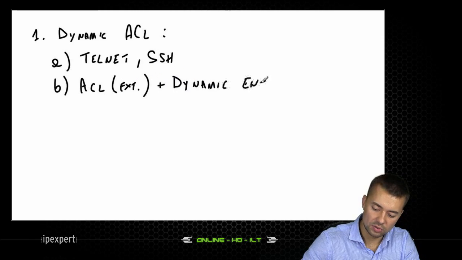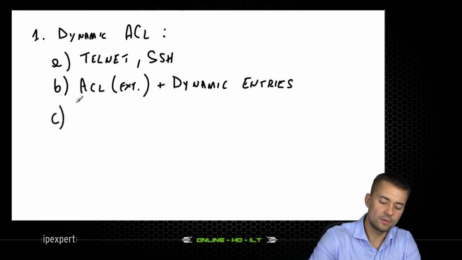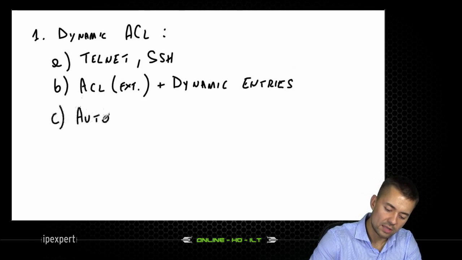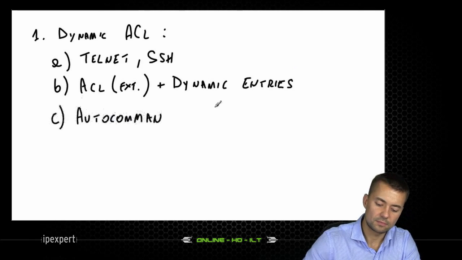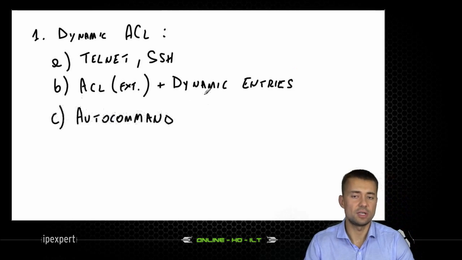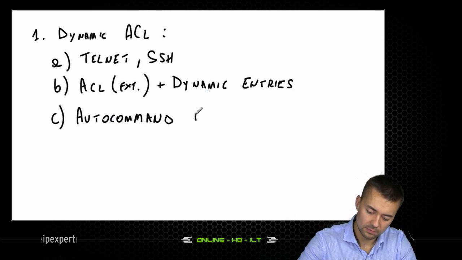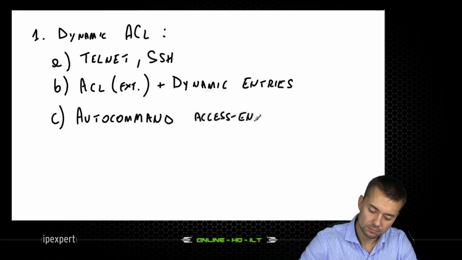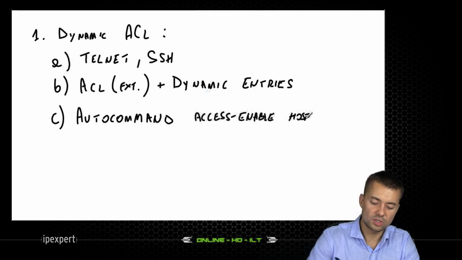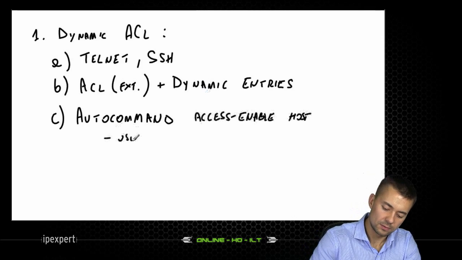We will talk about them in just a minute. And finally, one more thing that we will have to configure is the autocommand command with the access-enable host option. And this can be done either for a user or at the line level.